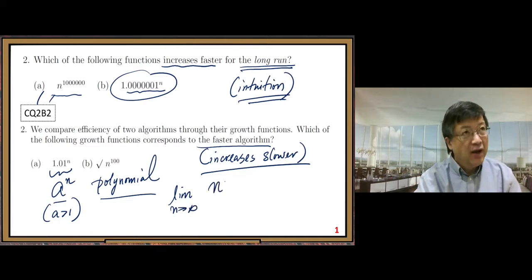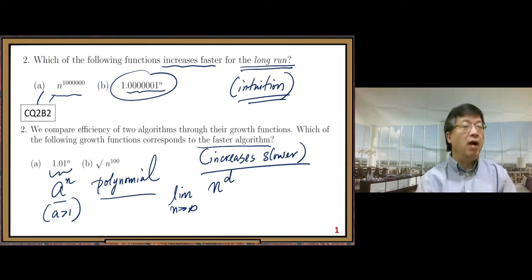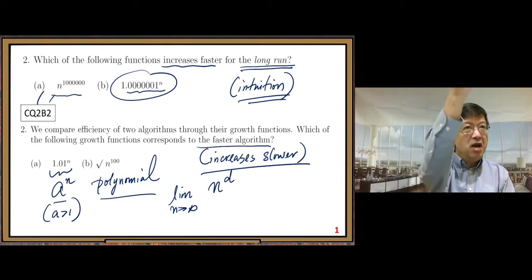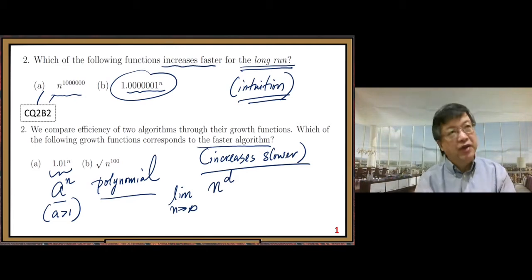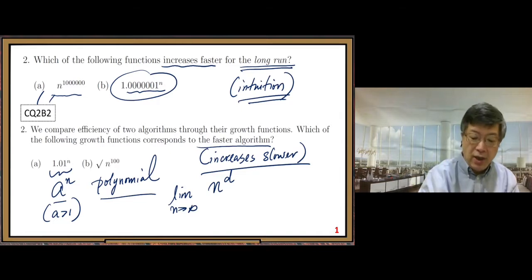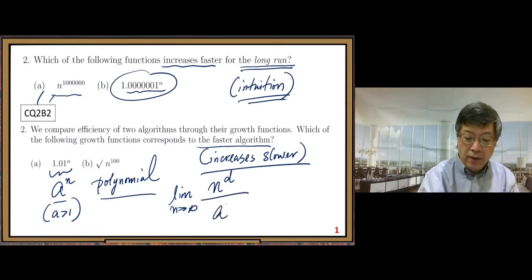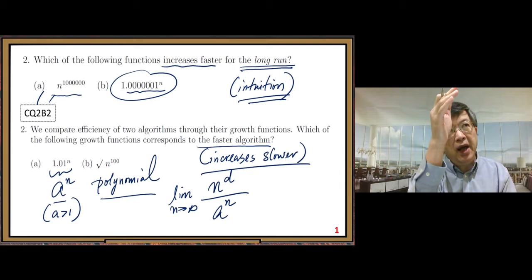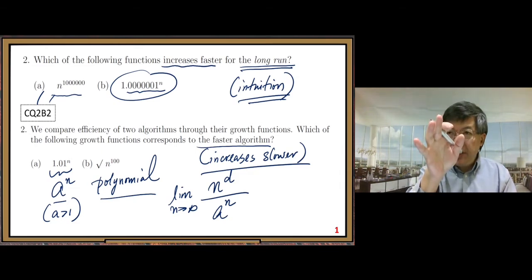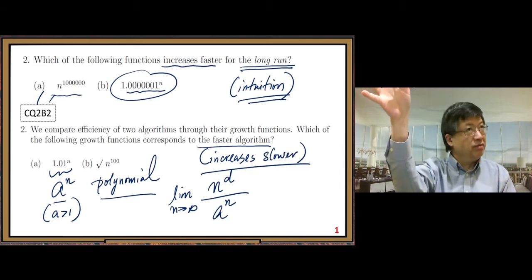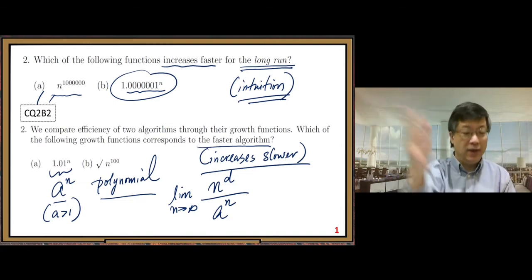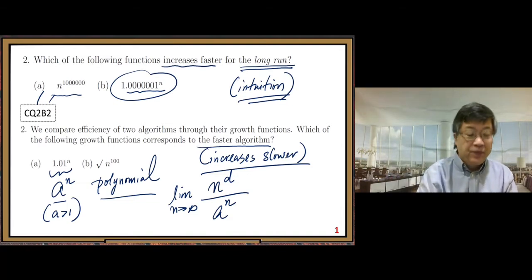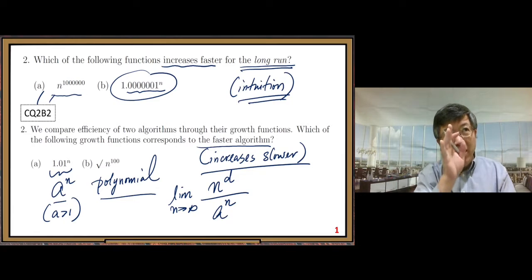We use a polynomial function n to the dth power, where d is any positive constant exponent, over the denominator exponential function, a to the nth, with base a greater than 1. That's important. Not less than 1, greater than 1. And we use L'Hopital's rule to calculate this limit.